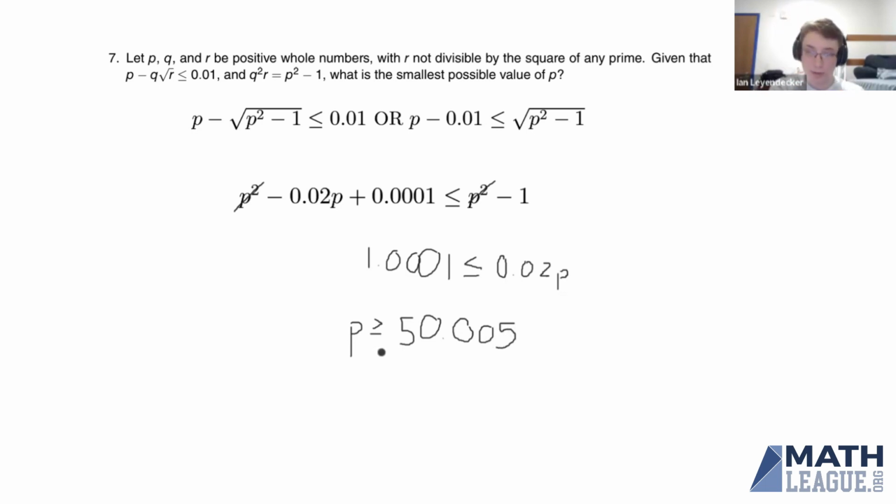So if P is greater than or equal to 50.005, and we know that P is a positive whole number, then the smallest possible value for P is 51.